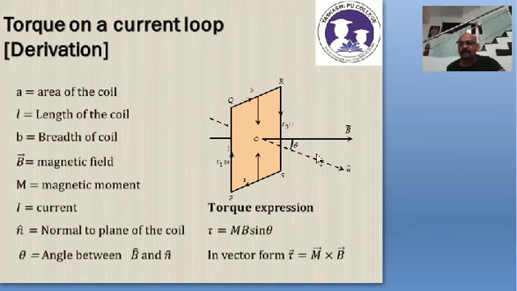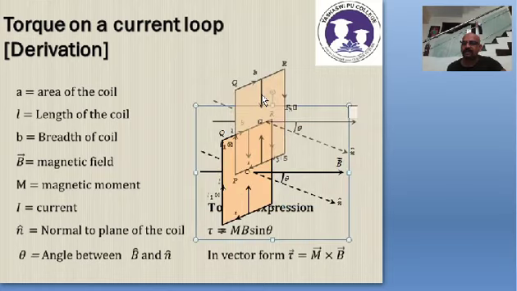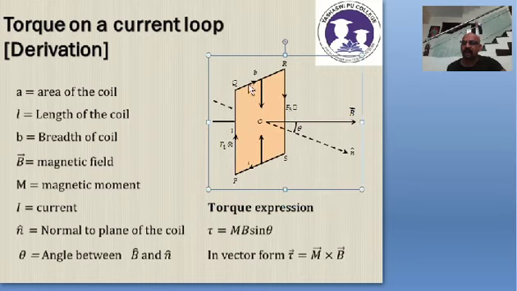Here N, this dotted line, represents the normal drawn to the loop, and the normal to the loop and the magnetic field make an angle theta. Remember, the normal to the loop and the magnetic field make an angle theta. So this represents the length of the conductor, and this represents the breadth of the conductor.